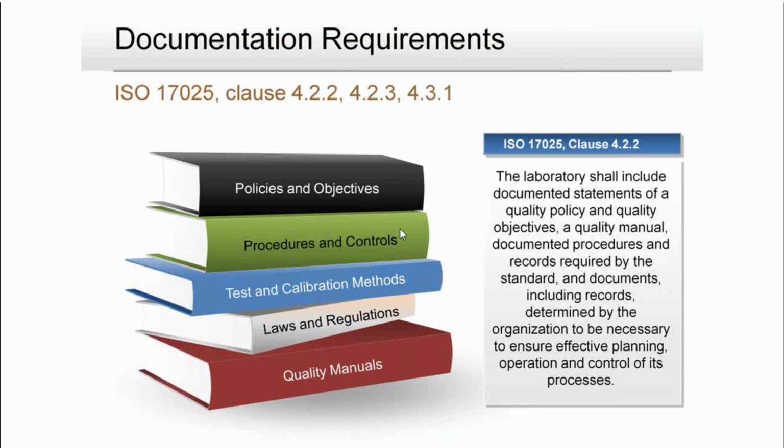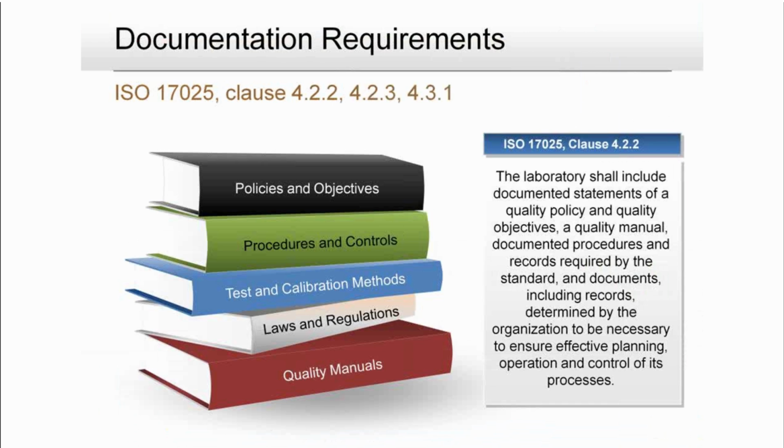Document control is clause 4.3, and it's very important to note this. These are some of the key documents in ISO 17025: policies and objectives, procedures and controls, test and calibration methods, laws and regulations, quality manuals.